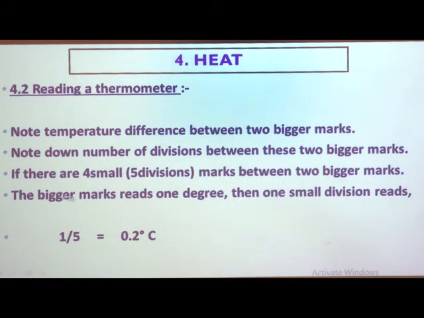It means 1 degree upon 5 divisions, so you divide by 5, which is equal to 0.2. So how do you read this mark? It is 0.2 degree Celsius. Whatever thermometers are used in India, they are scaled in degrees Celsius. This is the type of measurement we use in India.